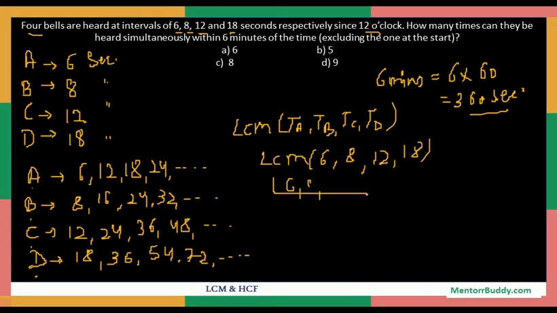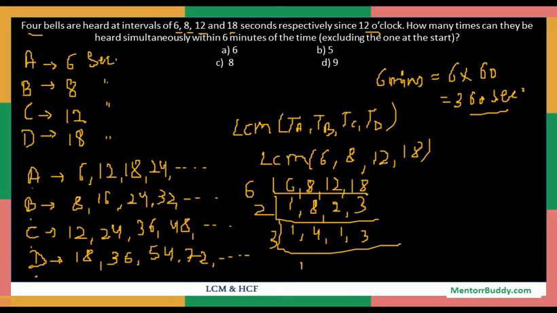So 6 1 times, 8 2 and 3, then 2 again 4 times, 1 and 3, again 1 time, 4 1 and 3, sorry, this will be 1 and this will be 4 again 1 times. So their LCM will be equal to 6 into 2 into 3 into 4.